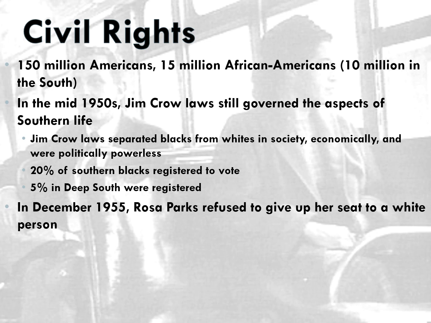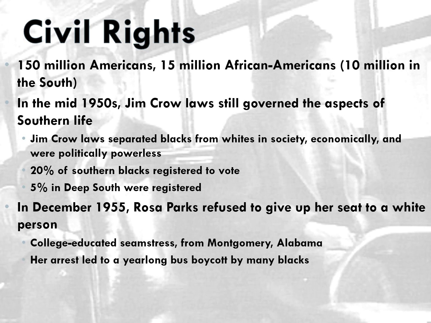December 1955, things begin to change, and Rosa Parks plays a big role in that. She refuses to give up her seat to a white person on the bus, and her arrest is going to lead to a year-long bus boycott in Montgomery, Alabama. What makes this such a powerful boycott is that the majority of people that rode the bus and relied on the bus were blacks.